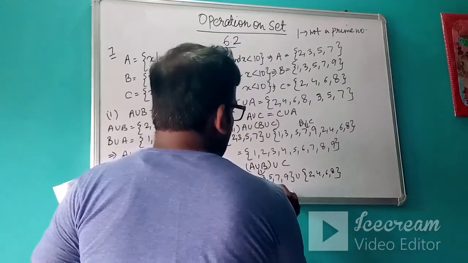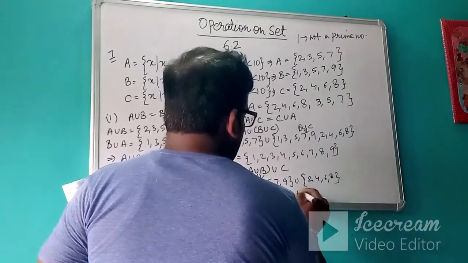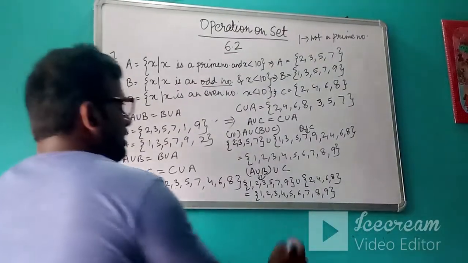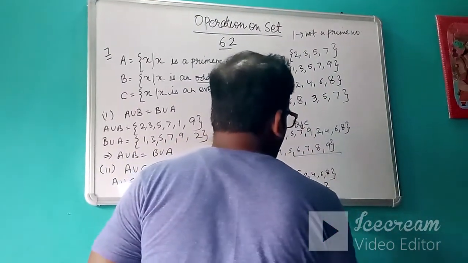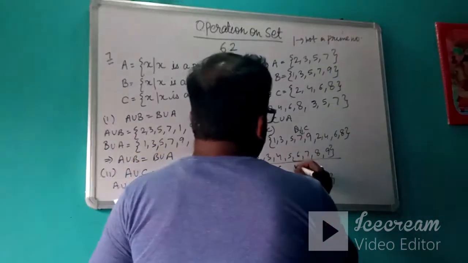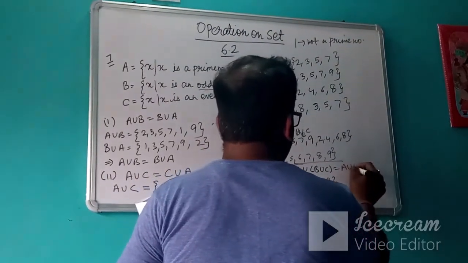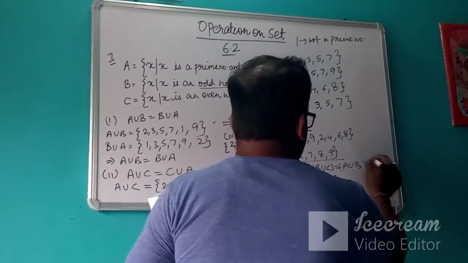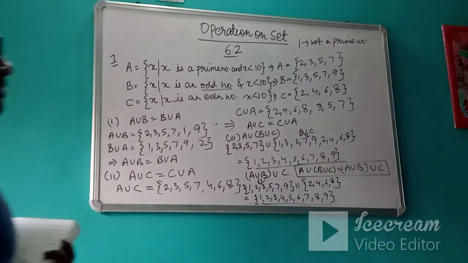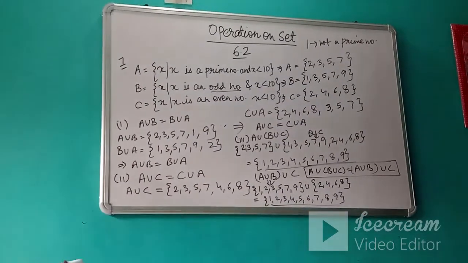The answer will be 1, 2, 3, 4, 5, 6, 7, 8, 9. You can see that this value is equal to this value. So we can write that A union B union C is equal to A union B union C. This property is known as the associative property, which you have studied in the previous class. Like this you can prove the values.